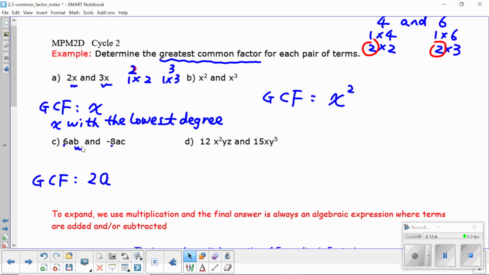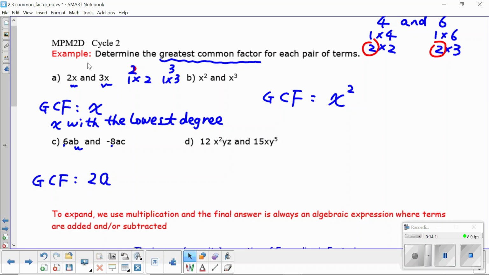If one term you have letter B, and another term you don't have letter B, then letter B is not a common factor. And same for C. The second term you have C, but the first term you don't have letter C, then letter C is not a greatest common factor. So from these 2, you have 2A only.